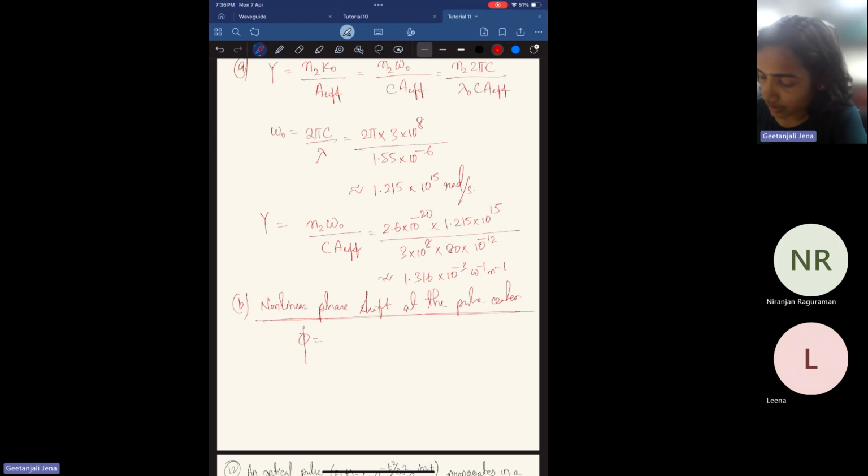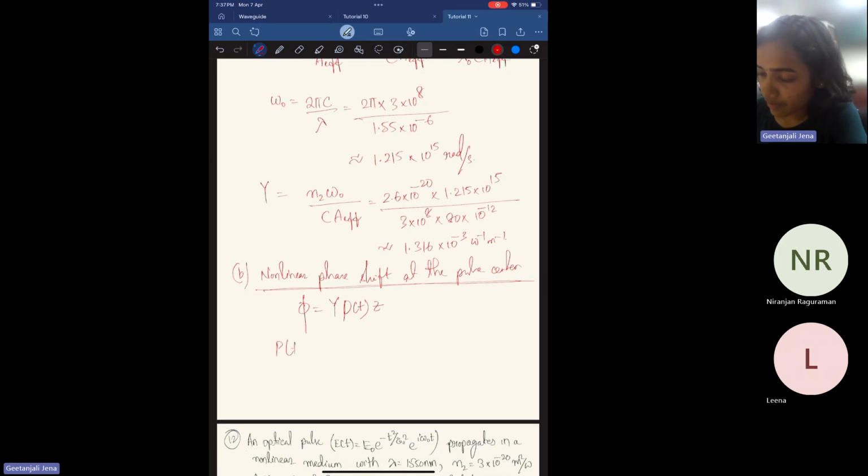So phi you can write as gamma P(t) into z, and P(t), if you recall, we have the expression P(t) is P0 e to the power minus 2 t square by T0 square. This is the expression that has been derived in the lecture. And we want the nonlinear phase shift at the pulse center. That means P(t) at the pulse center is maximum, which is equal to P0.